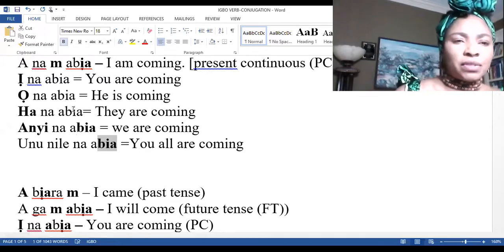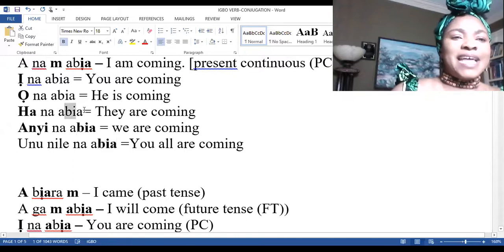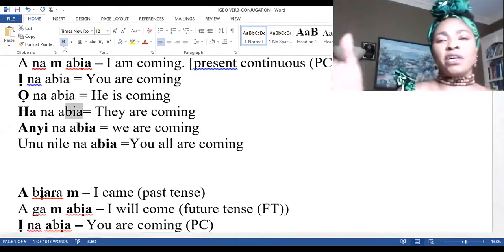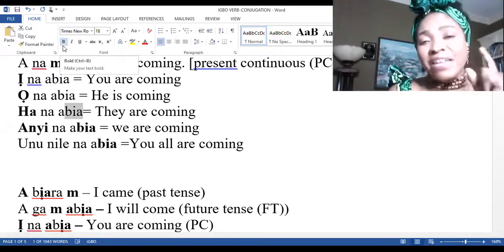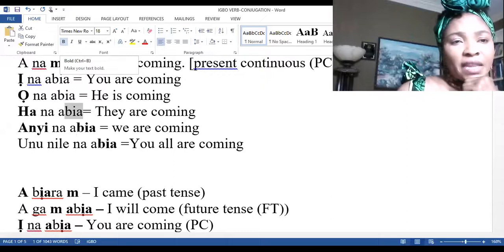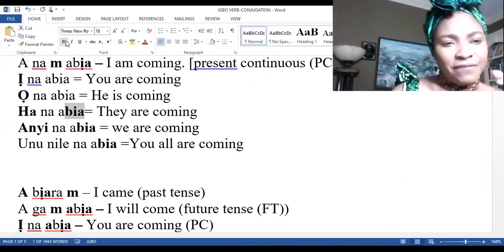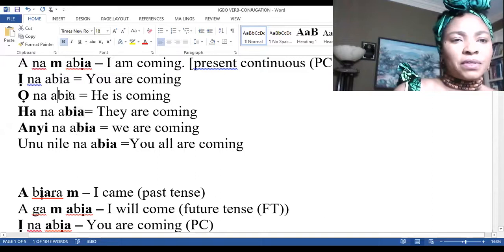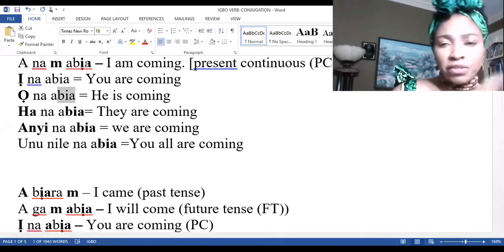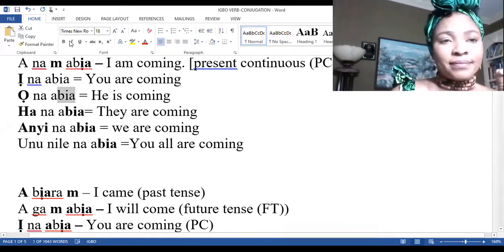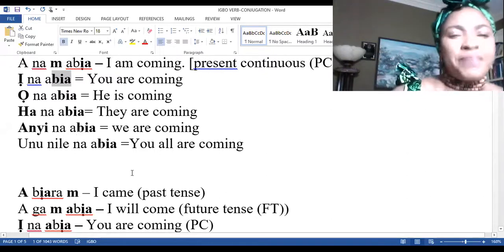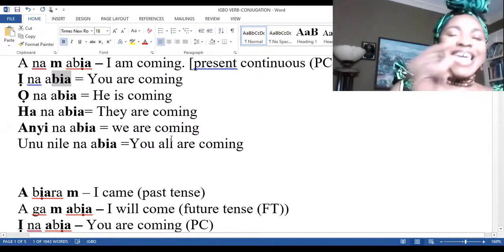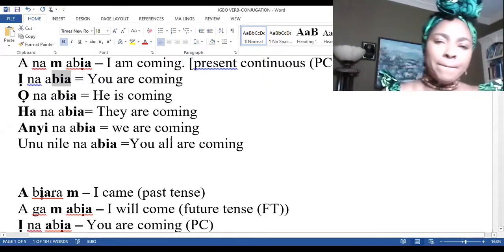The a before the verb, like to do something, that a is the infinitive marker. So know the difference between the verb root and the infinitive. We're going to do the auxiliary. All these are the verb roots. Bia, bia, bia. Abia is to come.